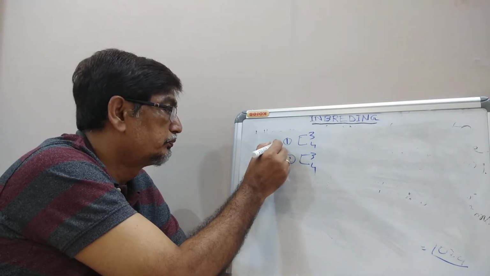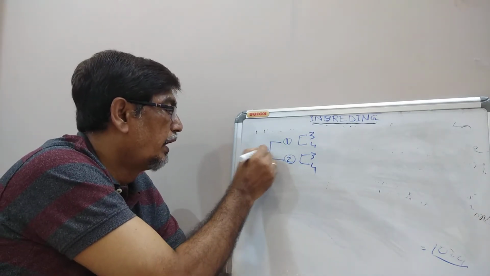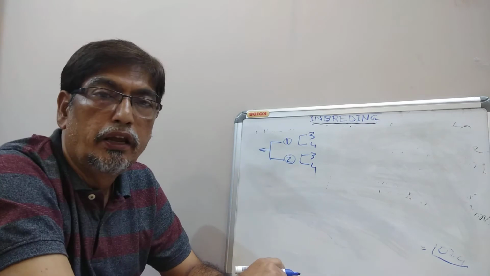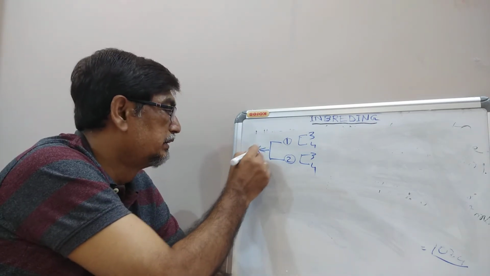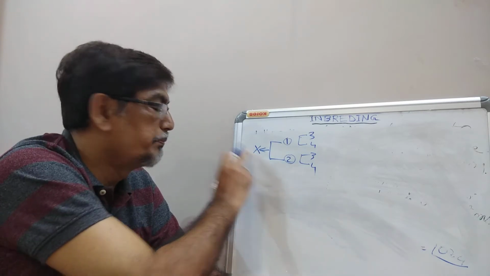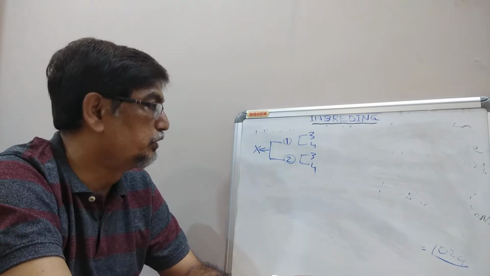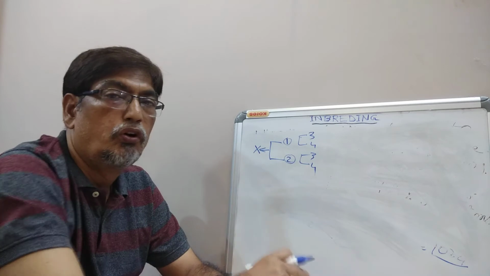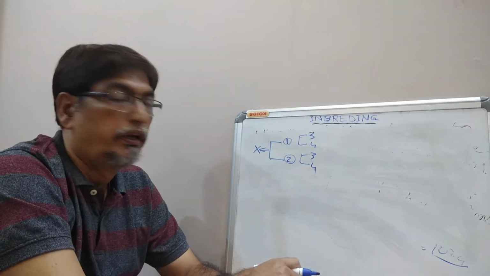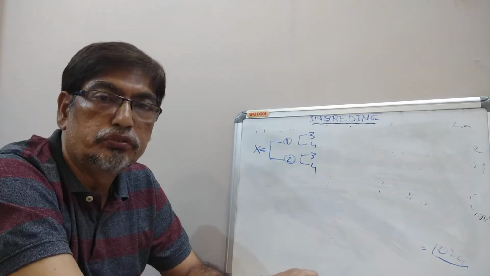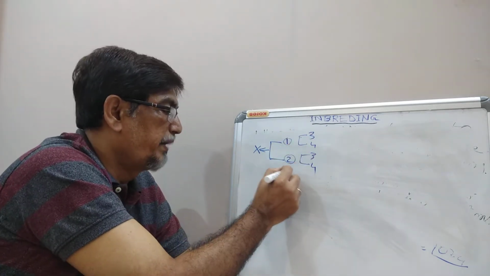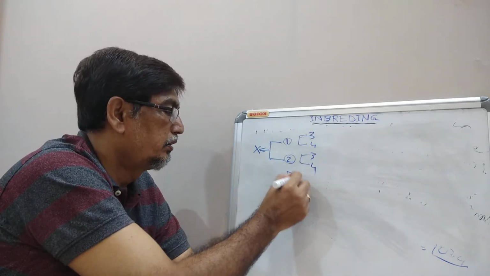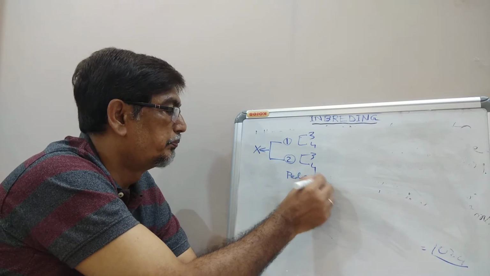If they cross and produce an individual, suppose X, it is an inbred individual by the mating of full sibs. In animals this generally happens. So 3 and 4, this is called a pedigree diagram.